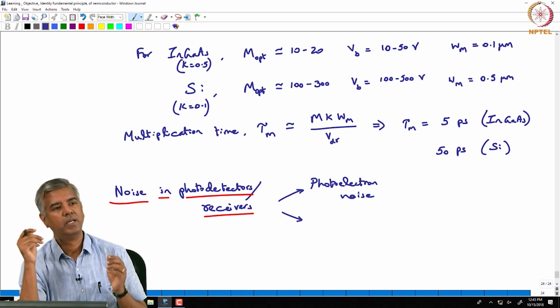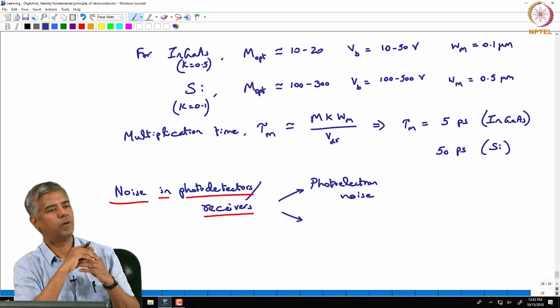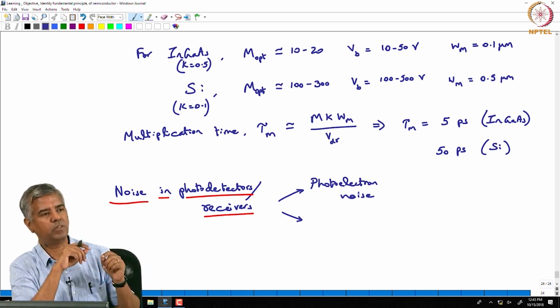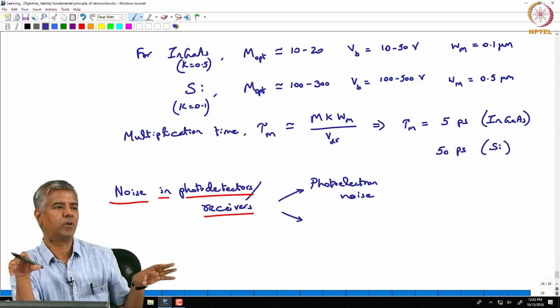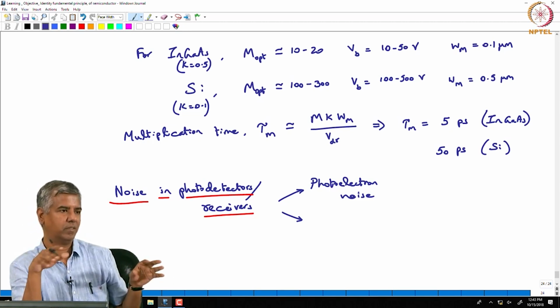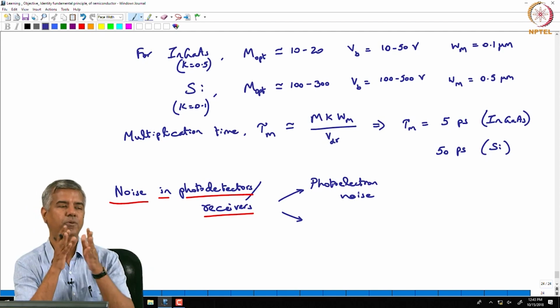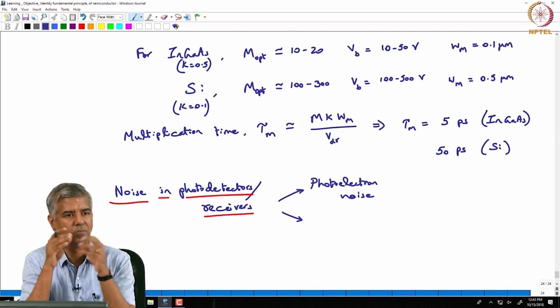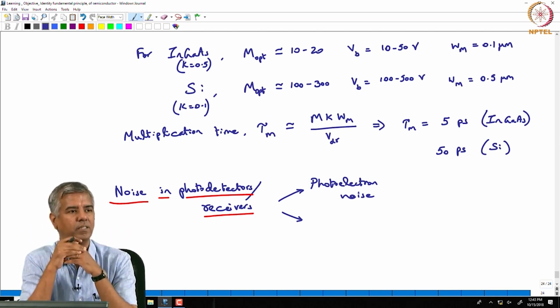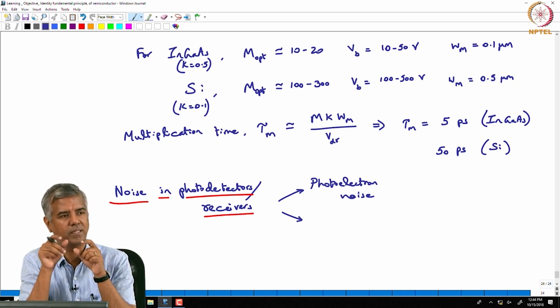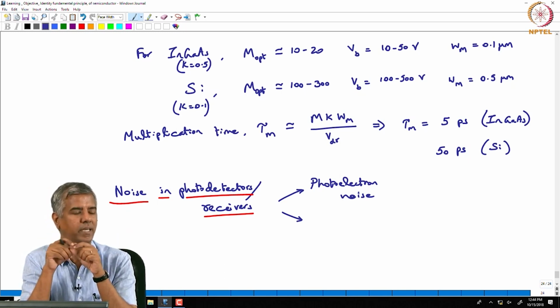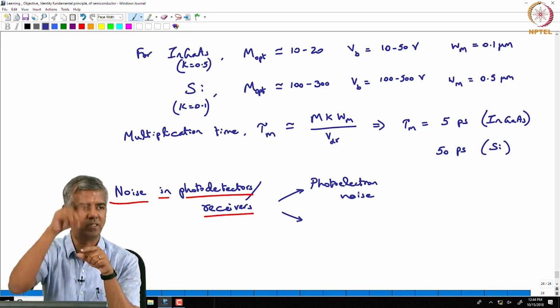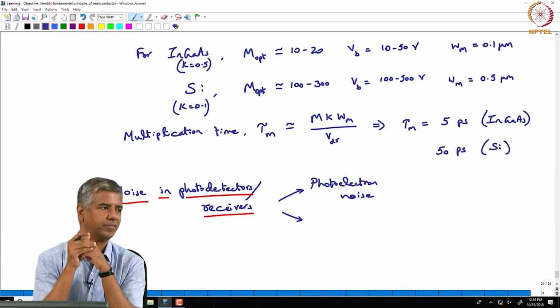When we talk about some particular level of intensity, we are always talking about a certain mean number of photons coming through. But if you slice it into small enough time slots, maybe in the order of nanoseconds, then you find that the actual instantaneous number is fluctuating.